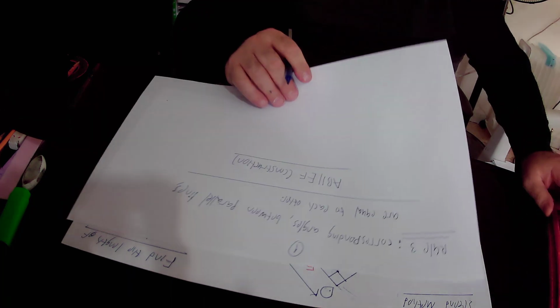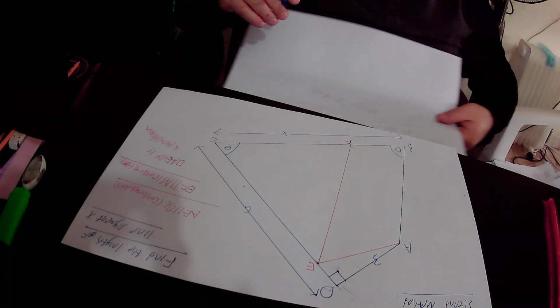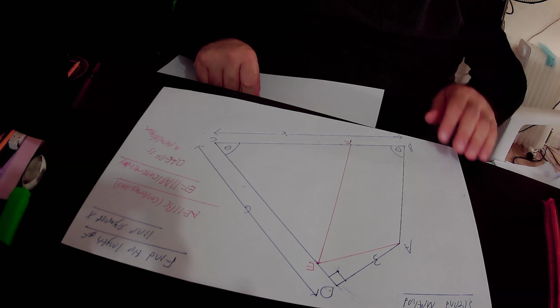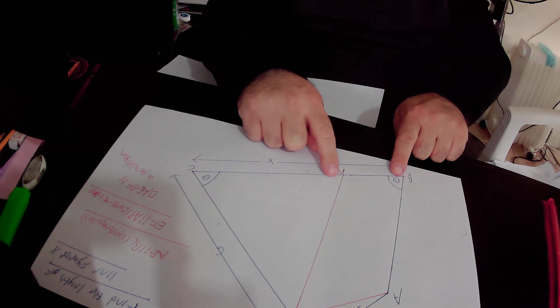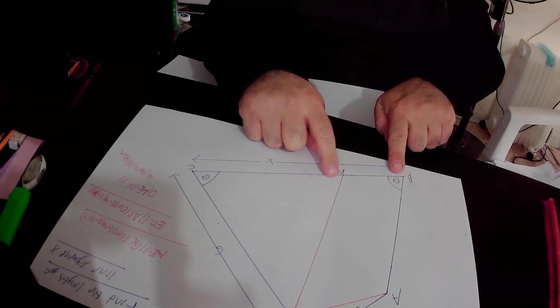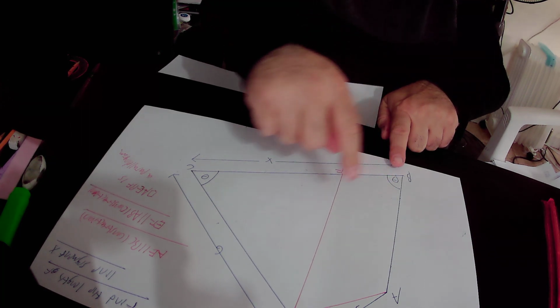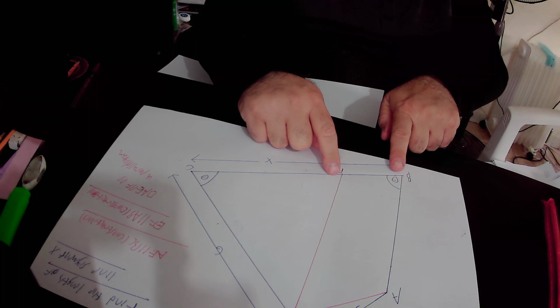Therefore, according to rule number 3, those two angles, which are corresponding angles located between the parallel lines AB and EF, will be equal to each other.